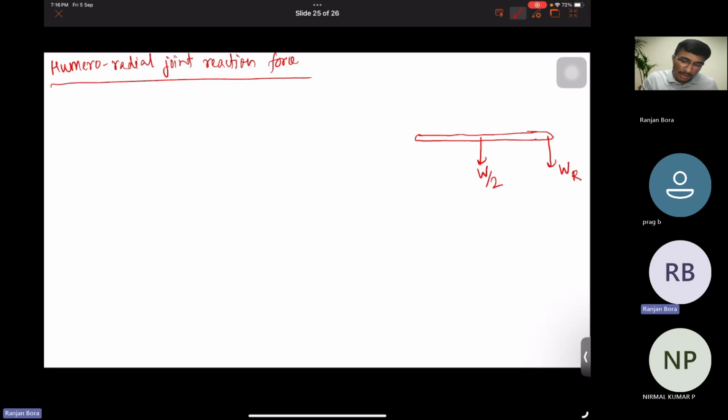We will take W by 2, and there are two muscles, FM1 and FM3, and we will take the humeroradial joint reaction force, FJ1, and we'll assume this angle theta with the vertical y-axis. We know these moment terms, and this distance is B, and this is C.